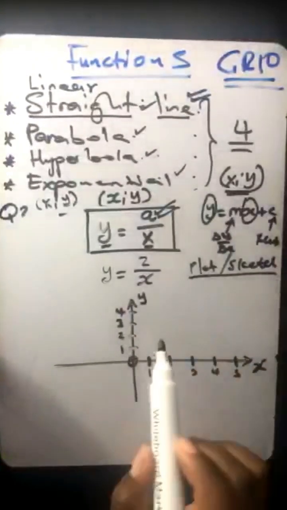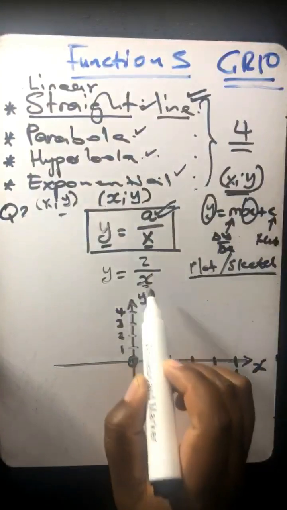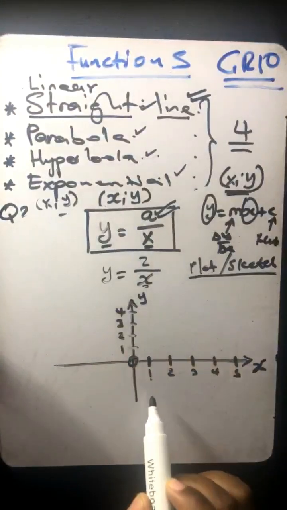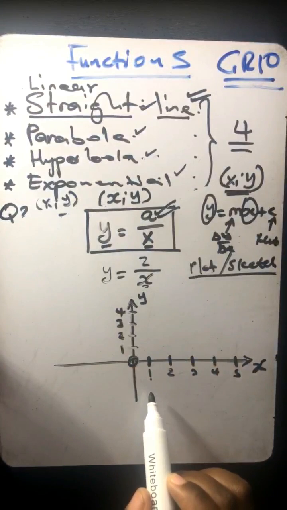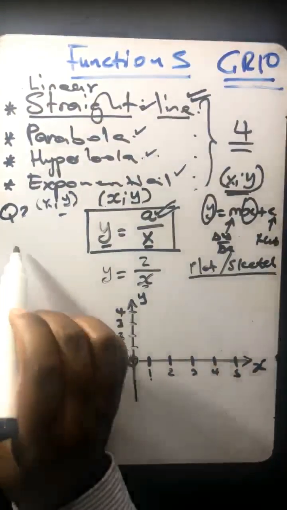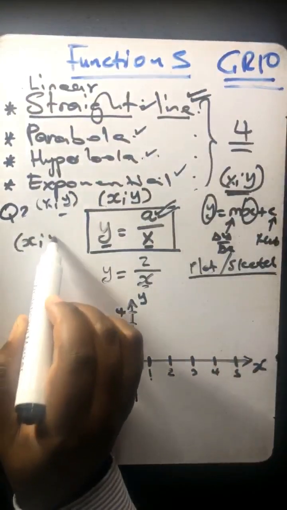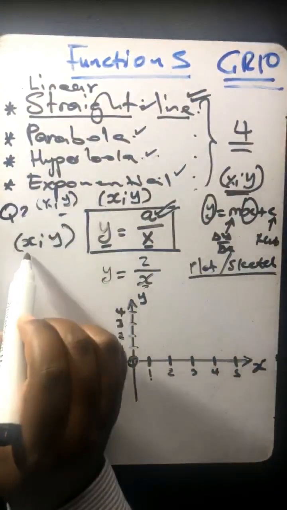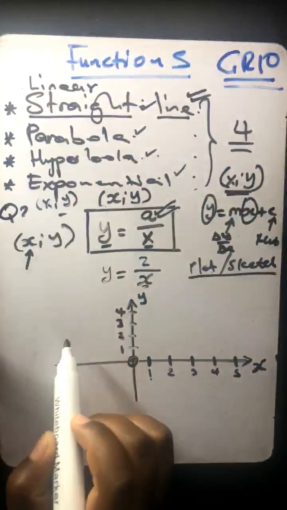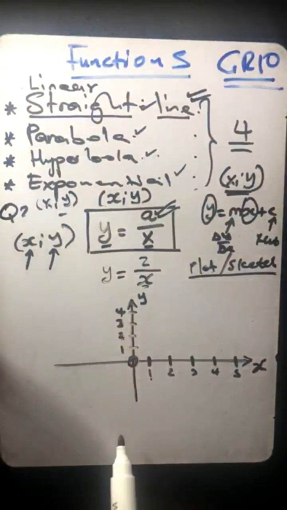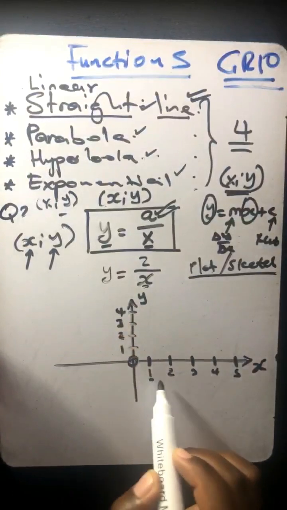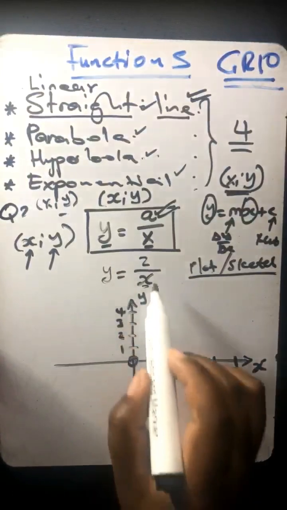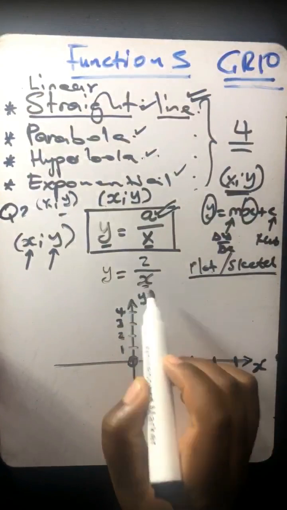So to plot or to sketch, you say where x is 1, what is y? That is why the coordinates are in that format of x and y. When you plot, you say where x is this, what is y? So where x is 1, what will be y? Let's substitute 1 there. What are you getting?